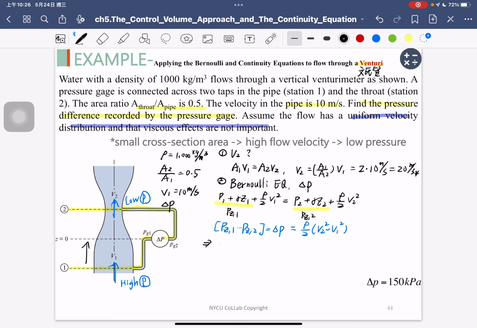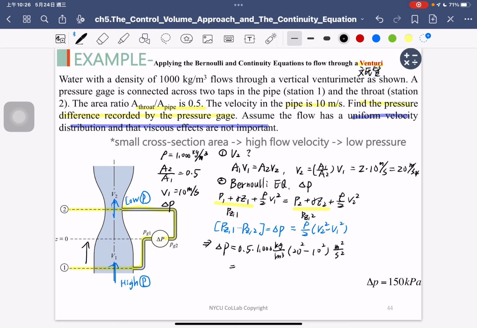So we know that the delta P observed by the pressure gauge will equal 0.5 times the density, 1,000 kilograms per meter cubed, times the velocity 20 squared minus 10 squared, and the unit is meter squared per second squared.